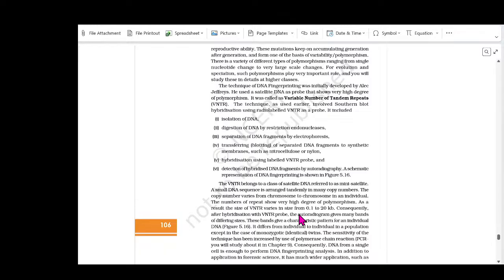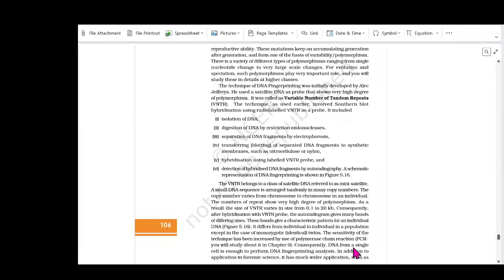Consequently, after hybridization with VNTR probe, the autoradiogram gives many bands of differing sizes. These bands give a characteristic pattern for an individual. It differs from individual to individual in a population except in the case of monozygotic twins. The sensitivity of the technique has been increased by use of PCR or polymerase chain reaction.